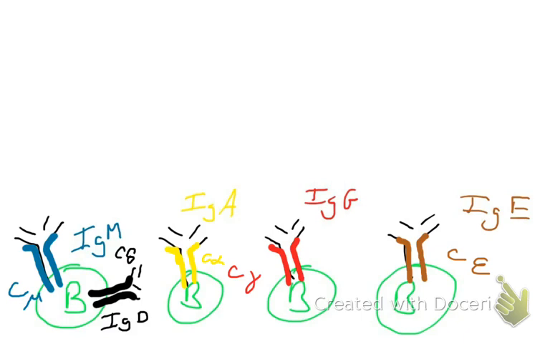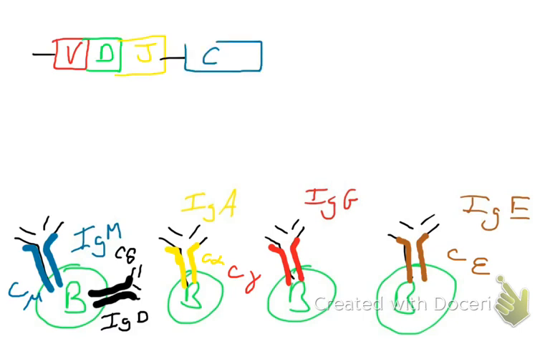All of these immunoglobulins could have all the same light chain, they could all have the same antigen binding site, but their heavy chain constant proteins are different, and they're going to give these antibodies different properties. When we talked about the structure of the heavy chain gene, we focused a lot on the VDJ region, and I just drew one constant region.